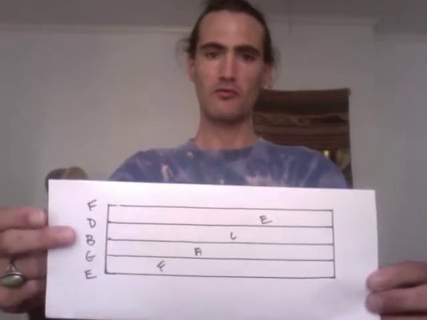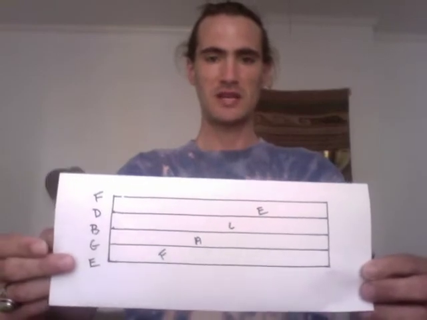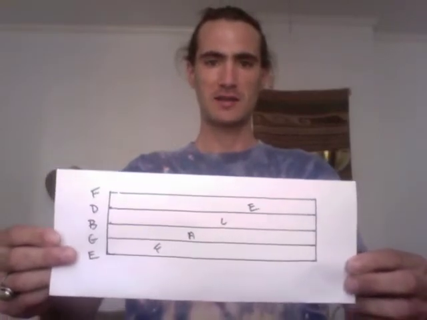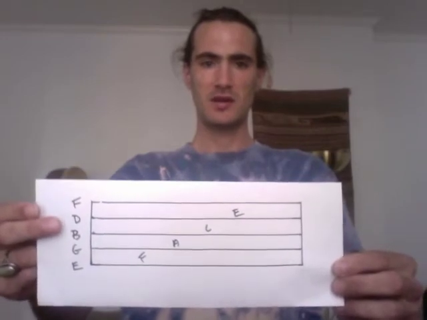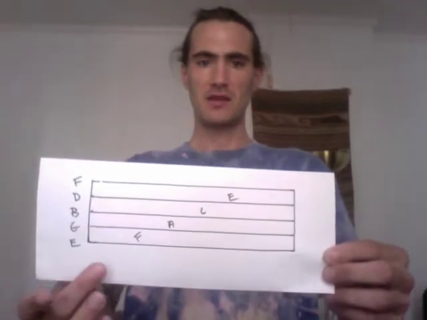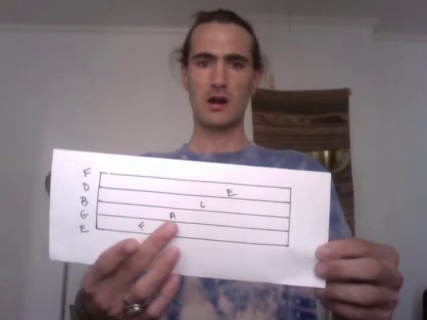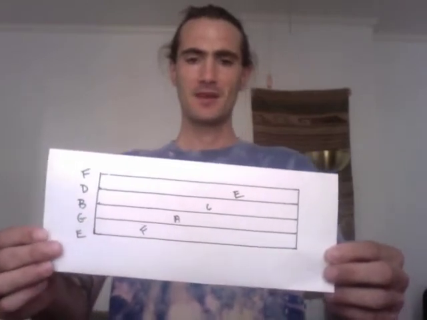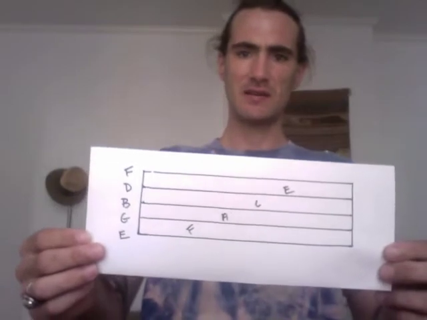Along my right, your left hand side, you will see the names for all the lines. They are E, G, B, D, and F. The names for the spaces are then written across like that. They are F, A, C, and E.